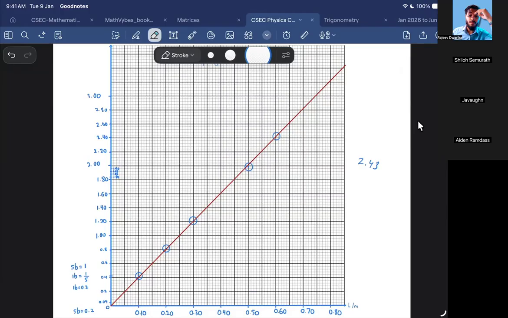Nice. So now we would have to find a gradient. Javon, what's the easiest point here to use for a gradient? What's one of the easiest points? See if you can spot the easiest point. It's a very, very simple point I could use.